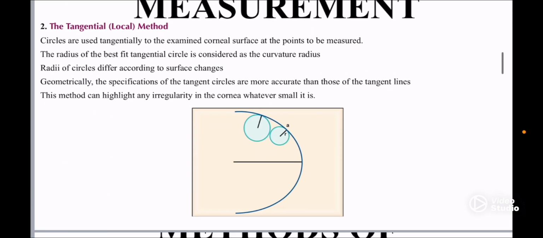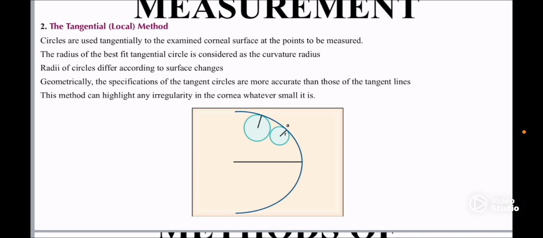Now, the second method, which is the tangential or local method. In this, circles are used tangentially to examine the corneal surface at the points to be measured. The radius of the best fit tangential circle is considered to be the radius of curvature of the cornea.